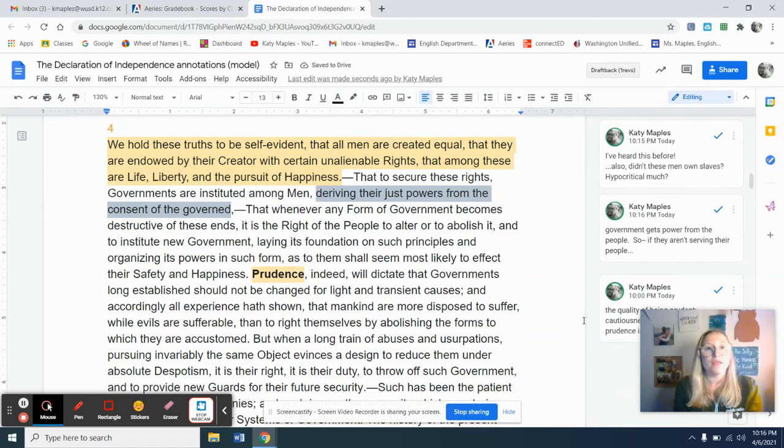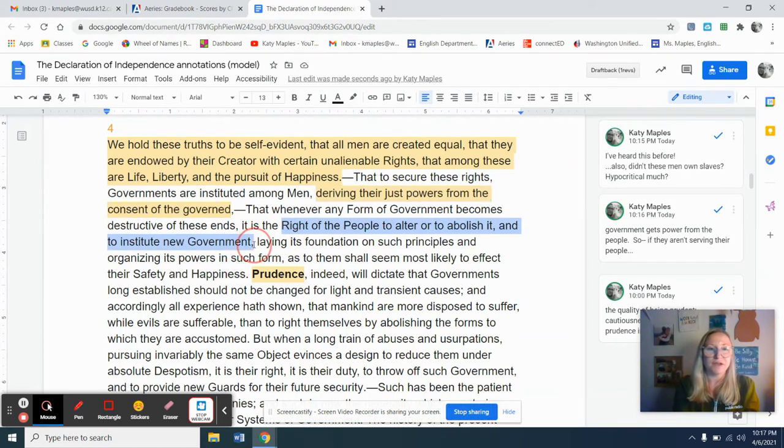Okay, that whenever any form of government becomes destructive to these ends, meaning life, liberty, and the pursuit of happiness, it is the right of the people to alter or abolish it, and to institute new government, laying its foundation on such principles and organizing its powers in such form as to them shall seem most likely to affect their safety and happiness.